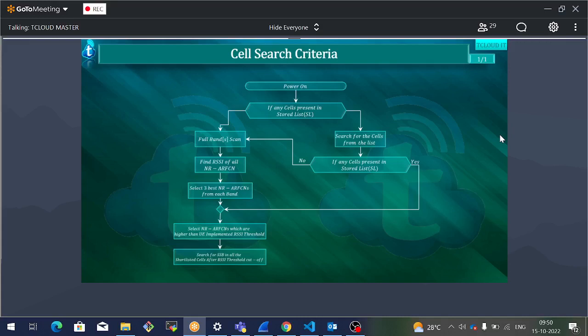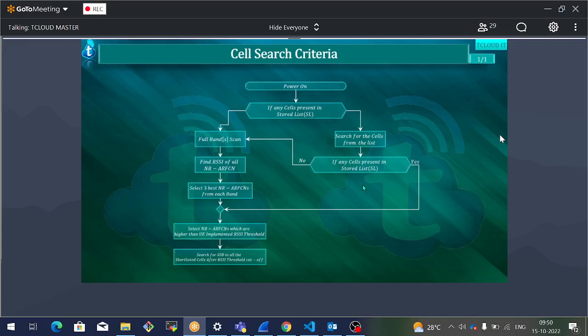UE gets powered on. Normally, UE would have some amount of stored list of cells in its memory before it is switched off, if it is already an existing mobile. What the mobile would try to do is search for those cells from the list of cells that are stored.